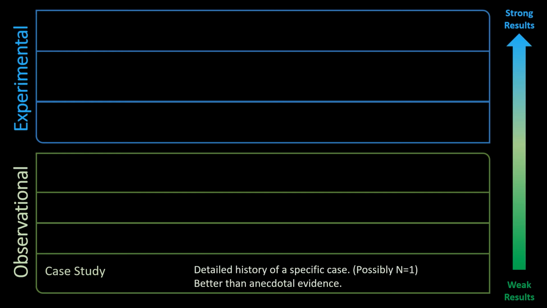First one up is a case study. In the overall hierarchy of the strength of scientific evidence, you could think of an anecdote as the lowest of the low. An anecdote is just like a story, right? You hear, oh, well, my cousin switched to this diet and they lost 5 pounds in a week.